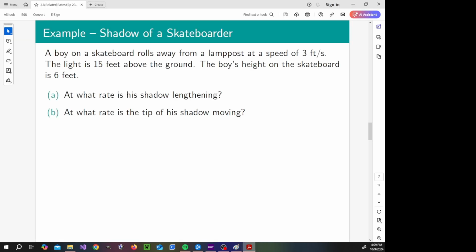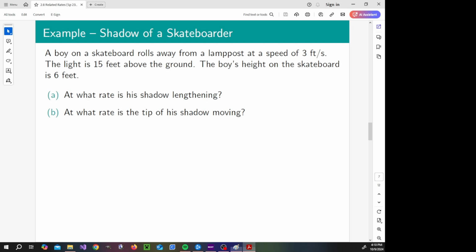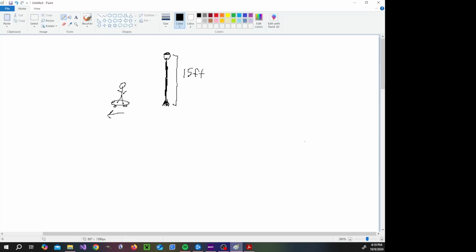He's rolling away from the lamppost at a speed of 3 feet per second. The light is 15 feet above the ground, so we're taking this to be 15 feet, and we're taking the boy's speed to be 3 feet per second.